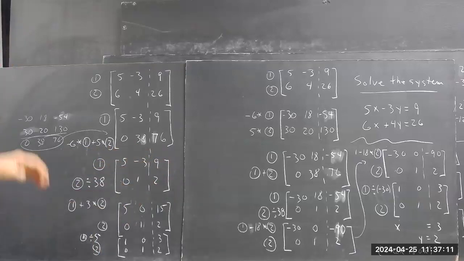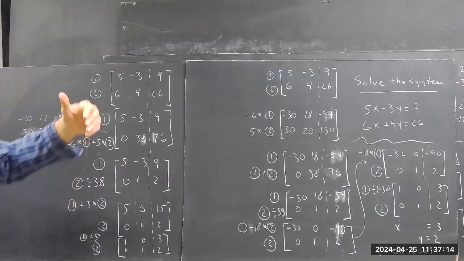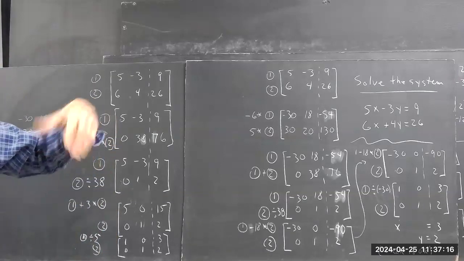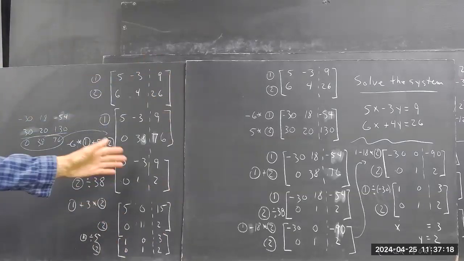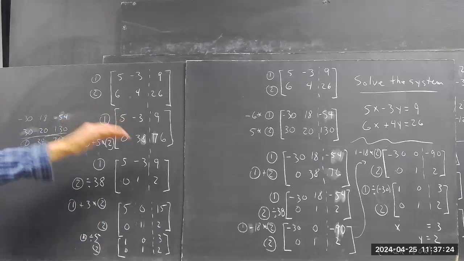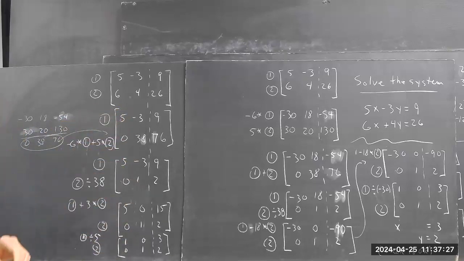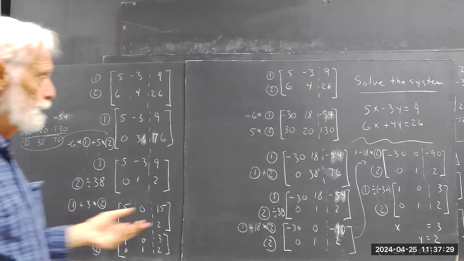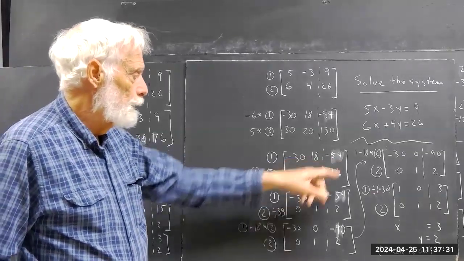Okay, so when you do a multiple of one row and a plus or minus a multiple of another row, it's okay, leave yourself room in the margins to write out the calculation, but don't do it in the system of matrices because you get a lot of numbers you don't need. We had to deal with the -30 here.